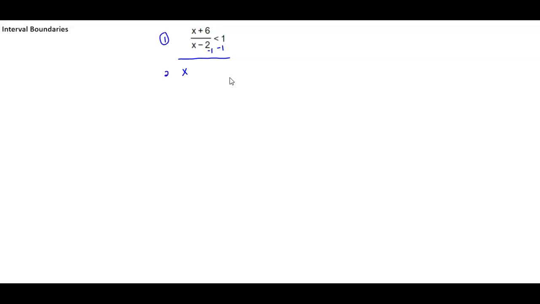The second step is x plus 6 divided by x minus 2 minus 1, and that's going to be less than 0.